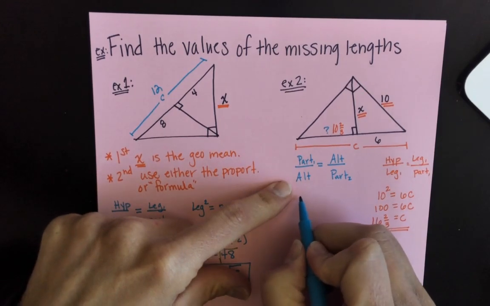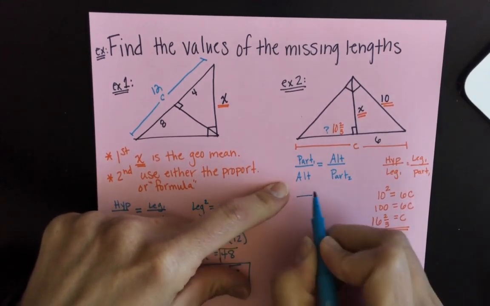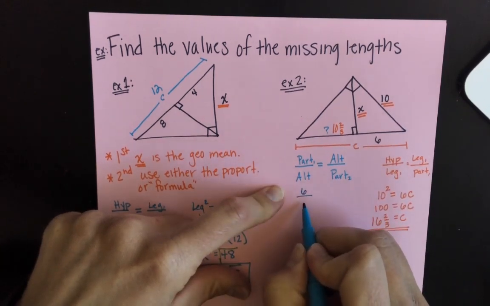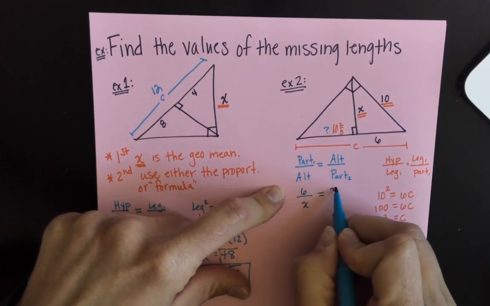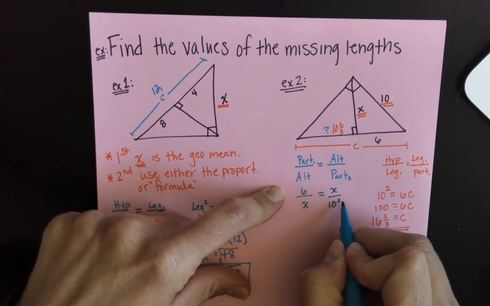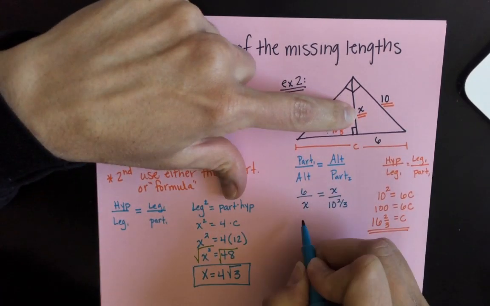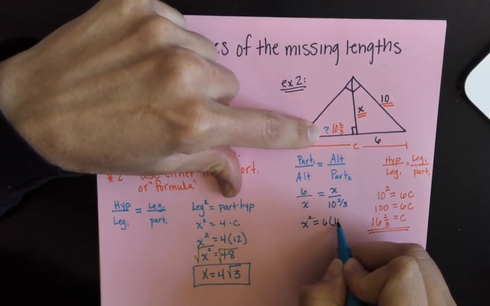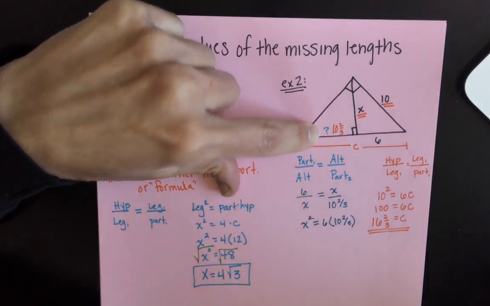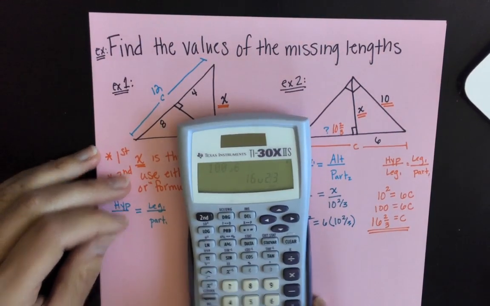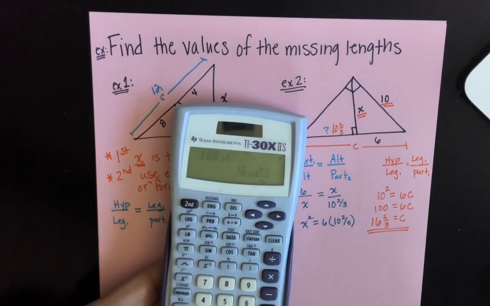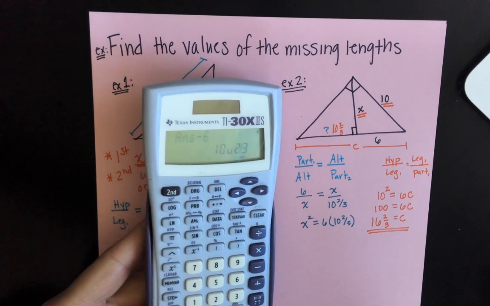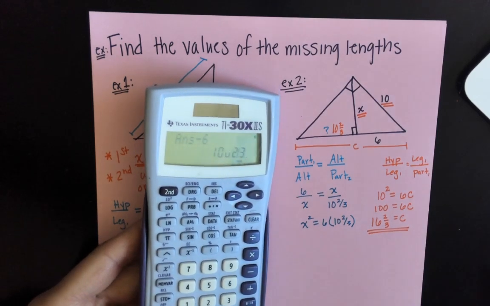So now, if I wanted to plug this in, I could have our 6, x, and 10 2/3, or altitude squared equals part times part. And I'm going to take the easy way out. I already have the 16 2/3 in my calculator. I'm going to just subtract that 6, so I have my 10 2/3.